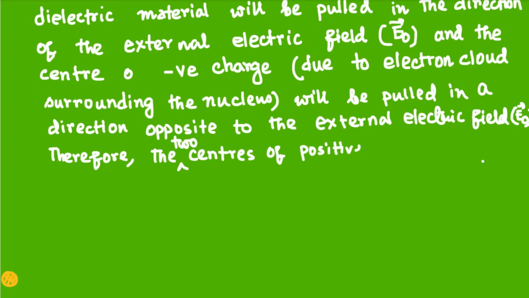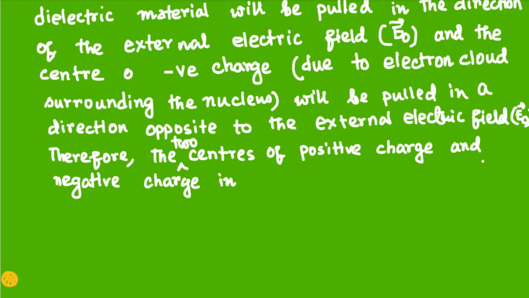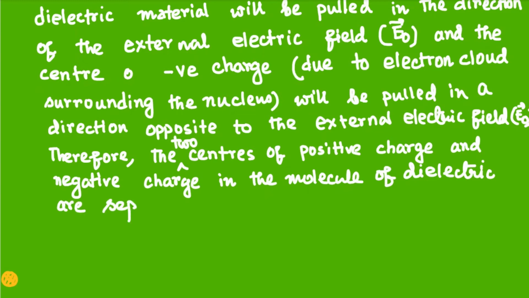The two centers of positive charge and negative charge in the molecule of the dielectric material are separated in this way when it is placed in an external electric field.